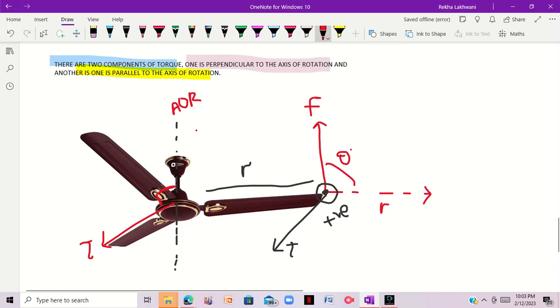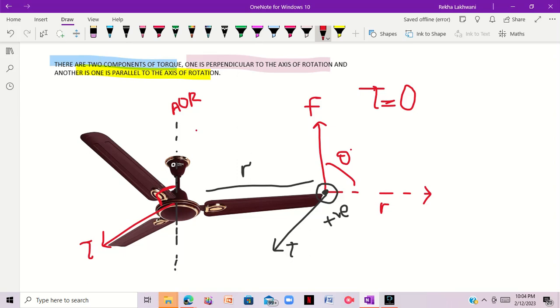The torque will be equal to 0 when the force is passing through the pivot point, that is, the line of action of force is passing through the pivot point.